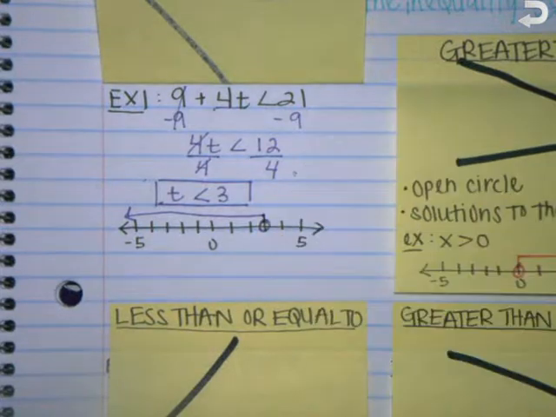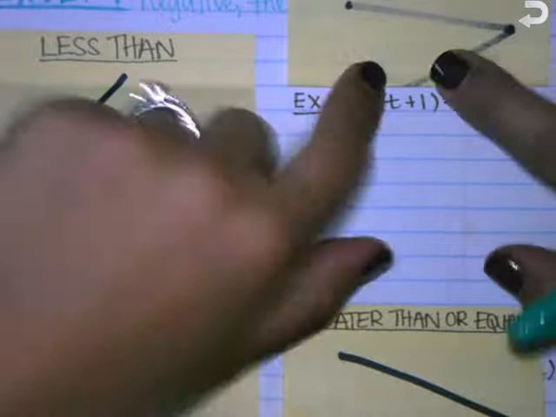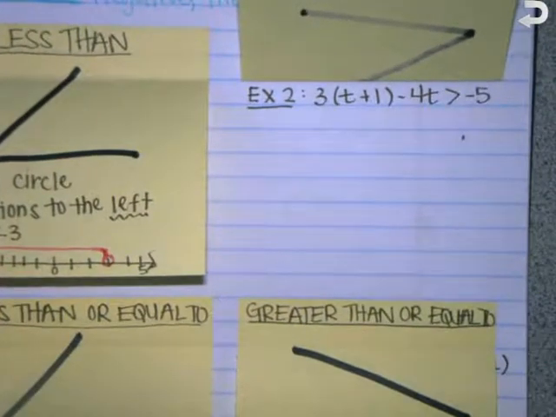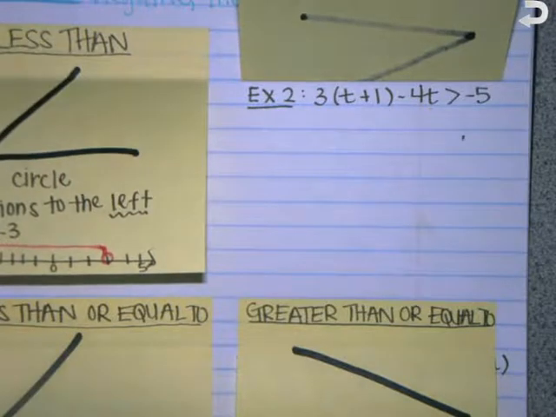Okay? So underneath the greater than, let's do example 2. And the example is 3 times t plus 1 minus 4t is greater than negative 5. So guys, for this one, when we were solving equations, what did you do as your first step? Distribute.